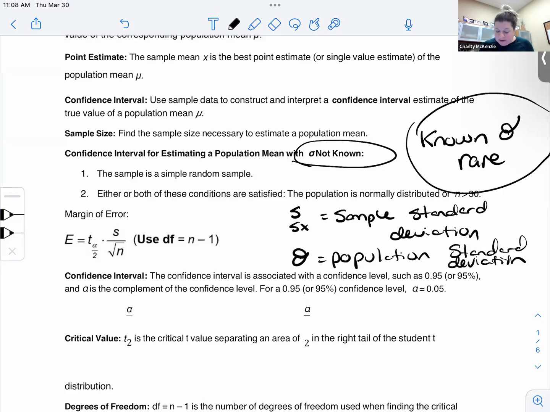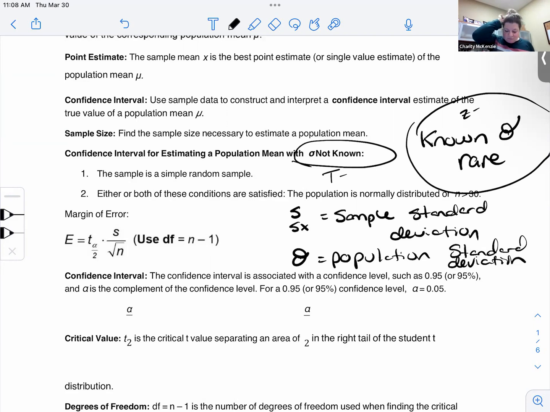Okay, this is a rare situation. In that case, we use a Z distribution. If we're here, we use a T distribution. So that gets a little tricky. Almost 99.999% of the time you're using a T, but a small percentage we use a Z.